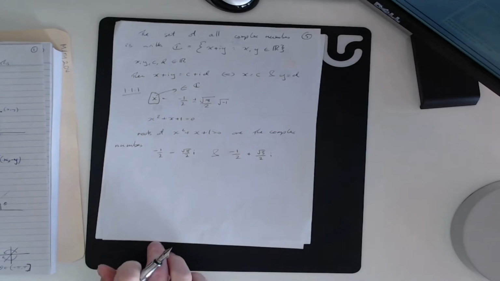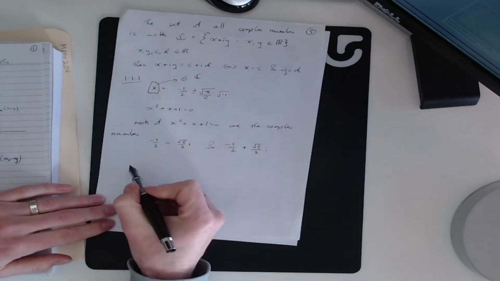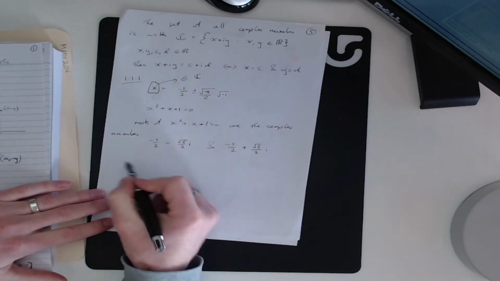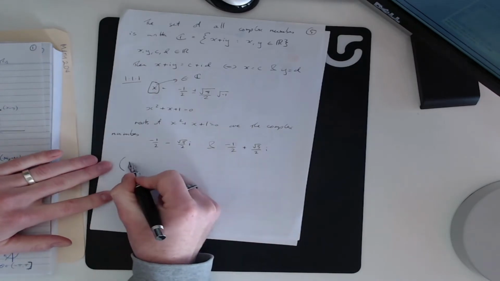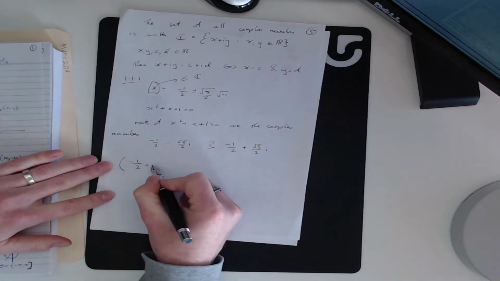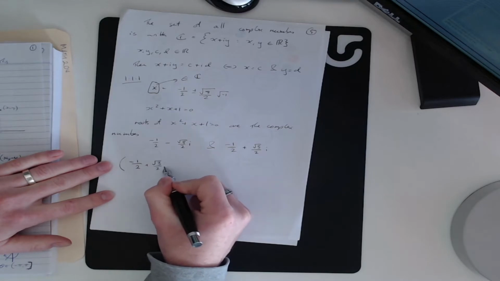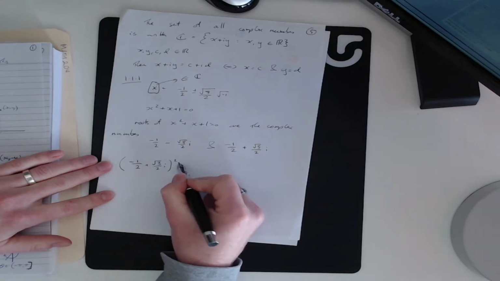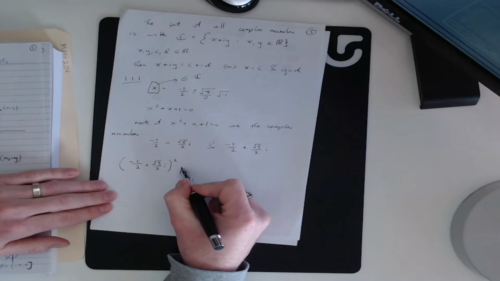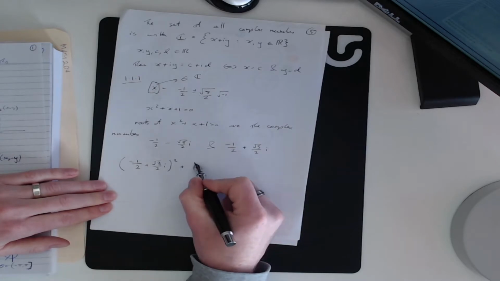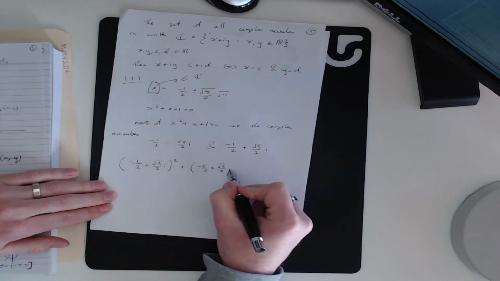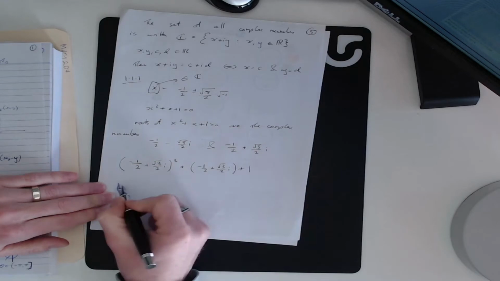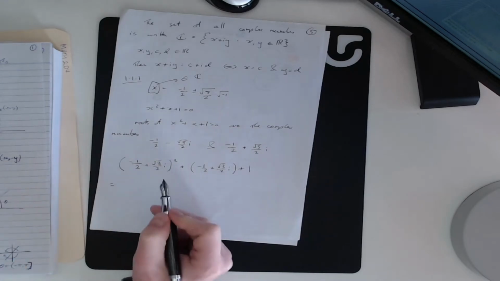Okay, so let me prove that for you, because I think this is important to see. There's a bit of calculation involved. Minus 1/2 plus square root 3 over 2 i, squared, plus minus 1/2 plus square root 3 over 2 i, plus 1. Okay, so now you need to ask how.